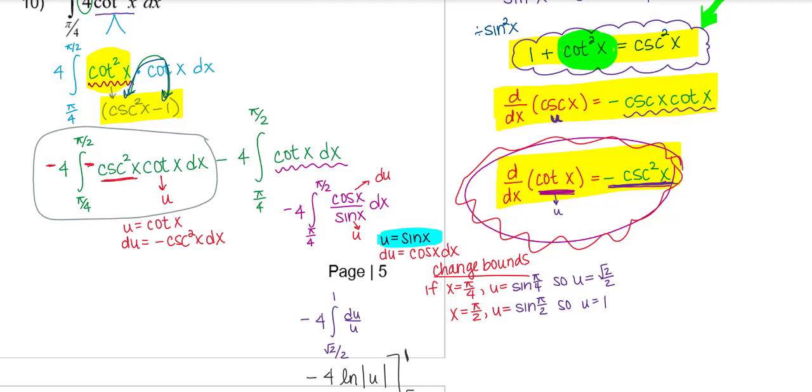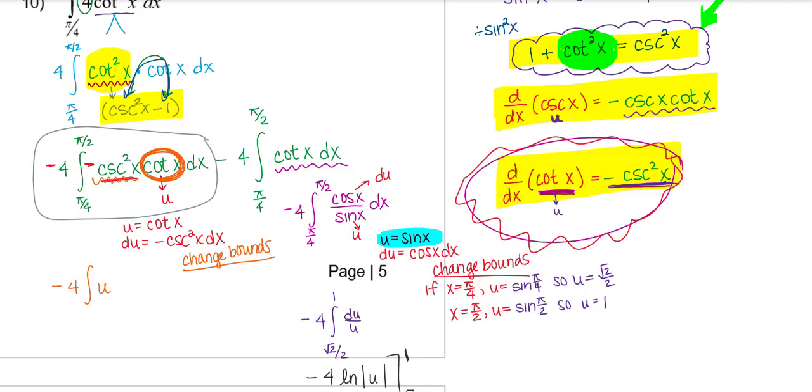And so really what I have here is -4 on the outside. All right, and let's change our bounds. I'll do that here in a second, but I'm going to just write what I have in my integrand. The cotangent of x will be used by my u, so you can make sure every part of your integrand gets used. That's my u.